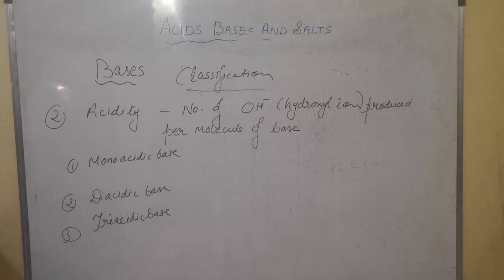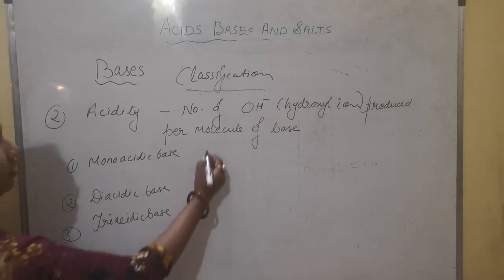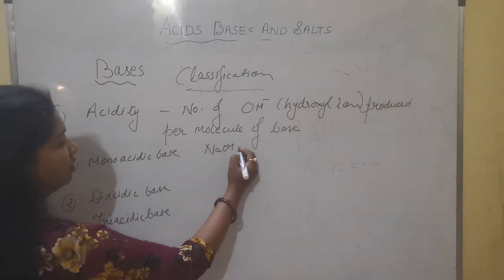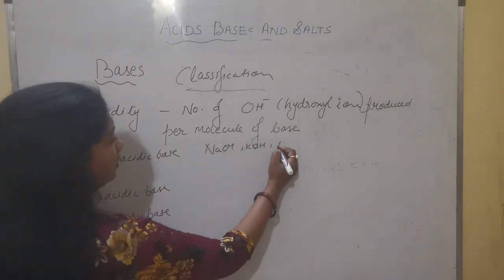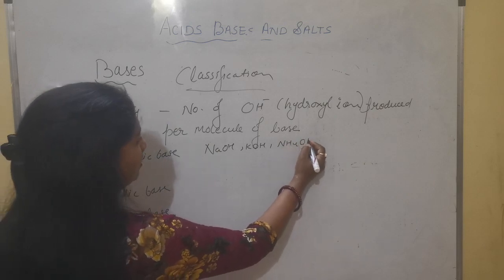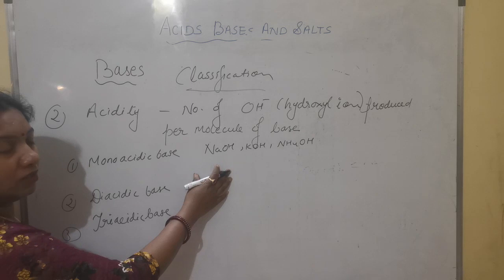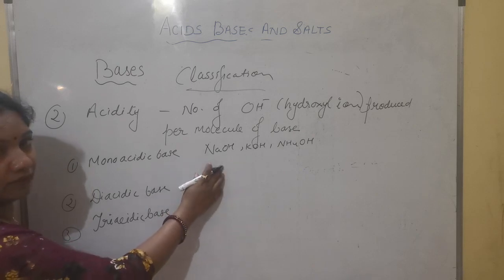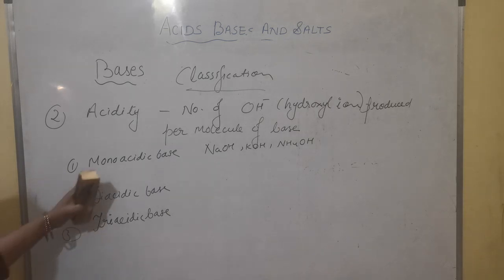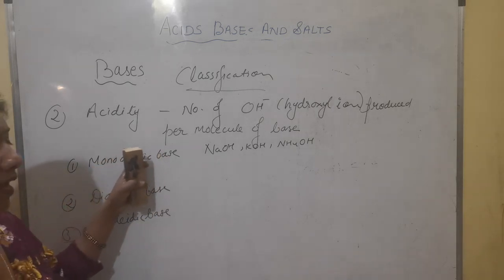So examples of mono will be NaOH, KOH, NH4OH. All these on dissociation are producing one hydroxyl ion. So that is why they come under monoacidic base.